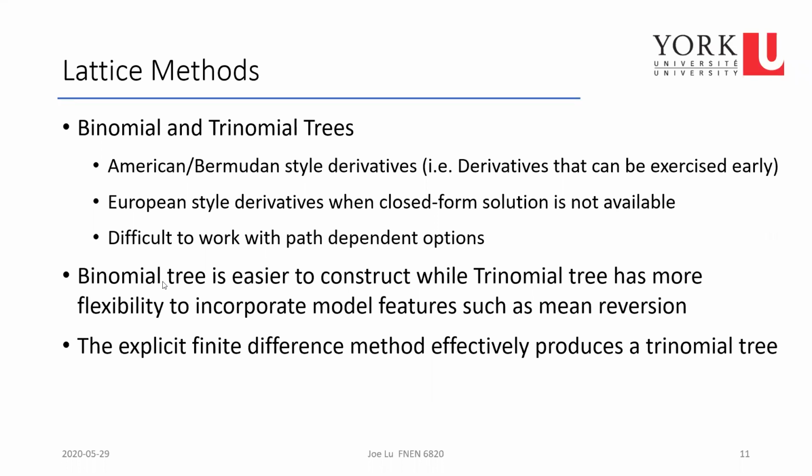Between binomial trees and trinomial trees, binomial trees are obviously easier to construct. But with trinomial trees you have one more branch, so from each node, a trinomial tree has 3 branches. Therefore, trinomial trees can incorporate additional features much more easily, for example the mean reversion structure.